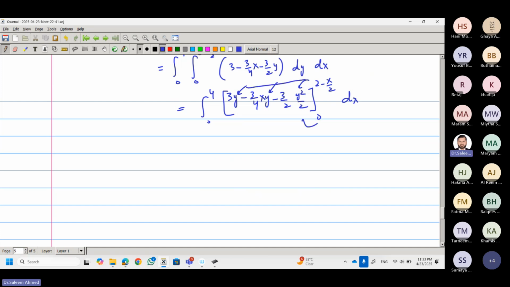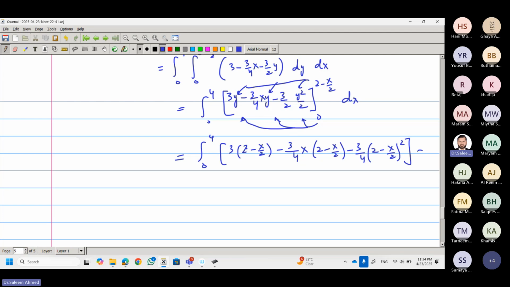Put all these values, then 0 will not give you anything. So y will give you 3y, y is 2 minus x by 2. Then minus 3 by 4 x, and y is 2 minus x by 2. Then minus 3 by 4 y square, y square is 2 minus x by 2 whole square. So now I think you can simplify this first and then integrate with respect to x.